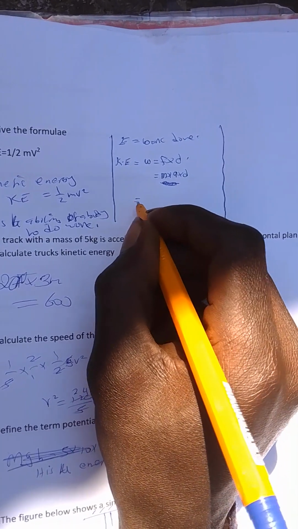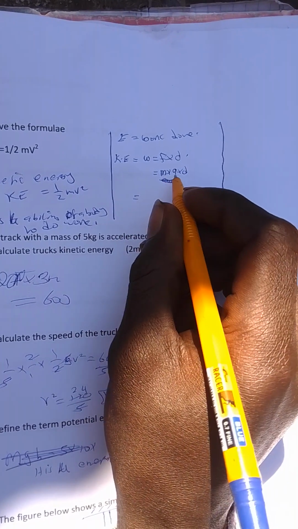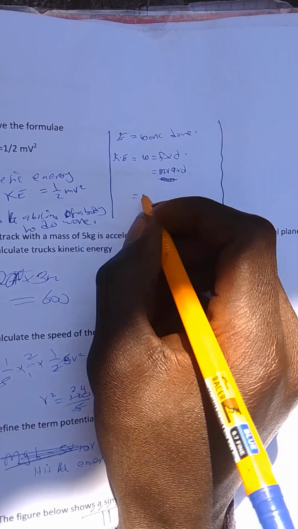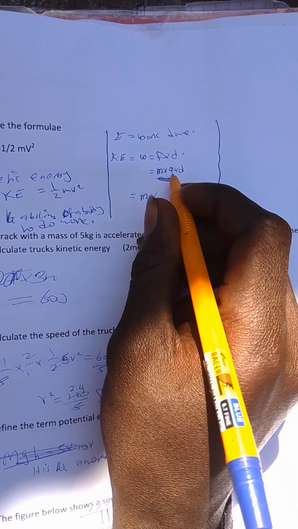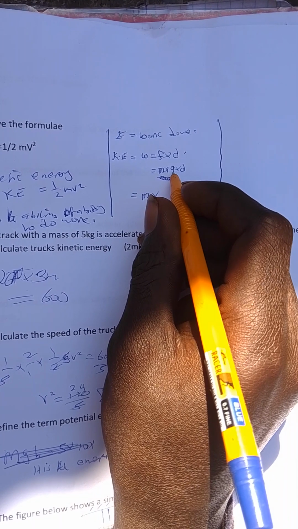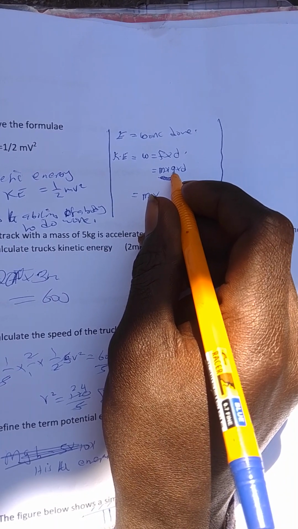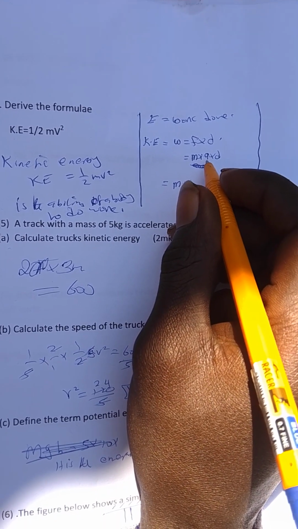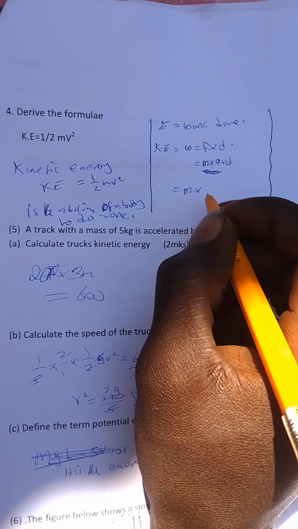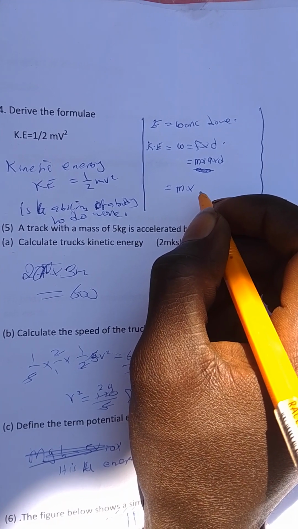If we have mass times acceleration, this derives the formula half mv squared.